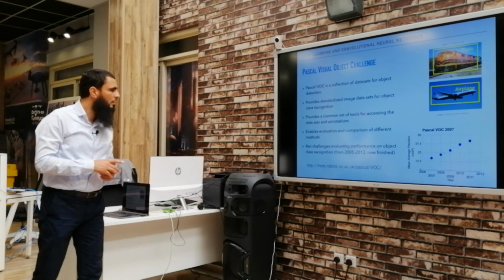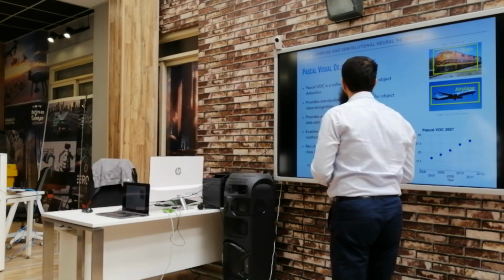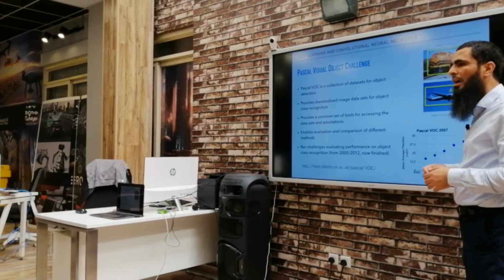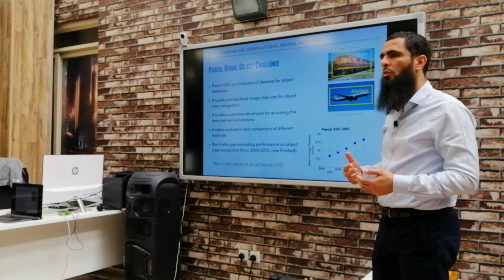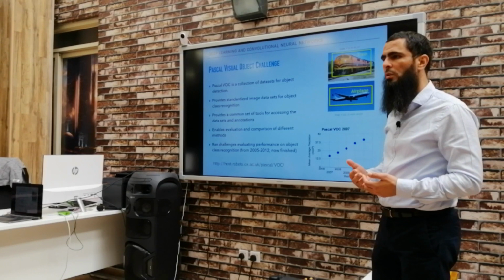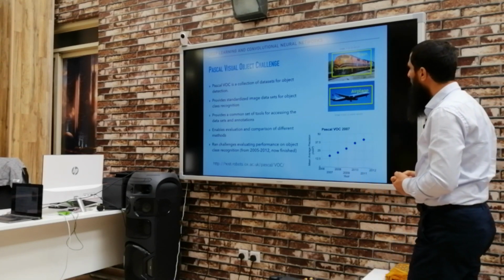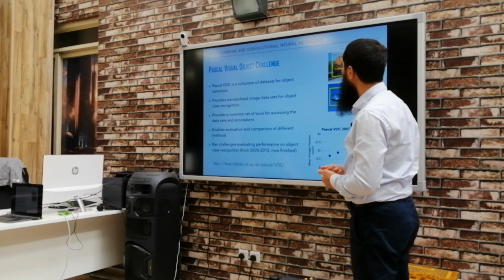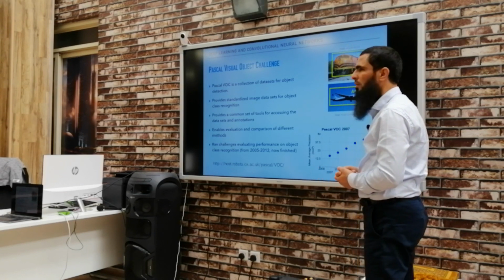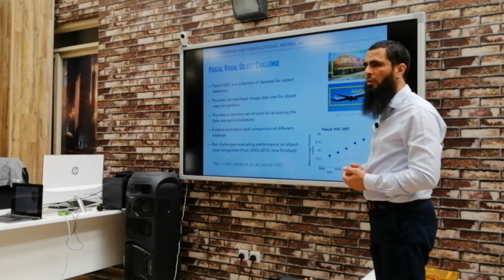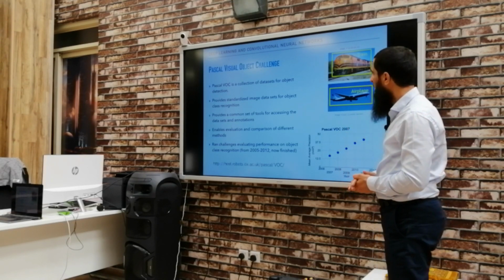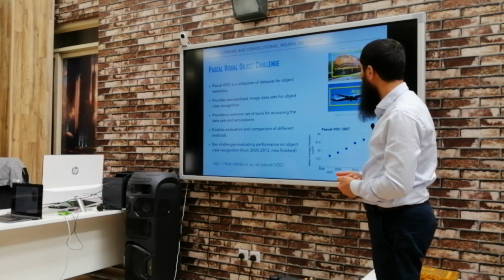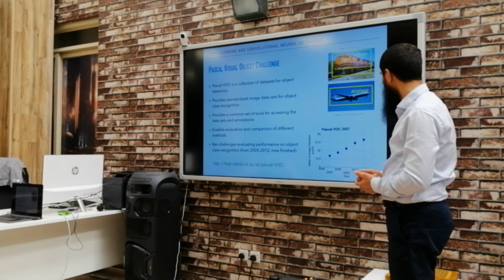And in 2005, the computer vision community came up with several data sets in order to provide challenges for the community and come up with solutions to object classification problems. One of the first data sets is called the Pascal Visual Object Challenge, which we call Pascal VOC. It's a collection of data sets for object detection, which provides a standardized image data set for object class recognition.